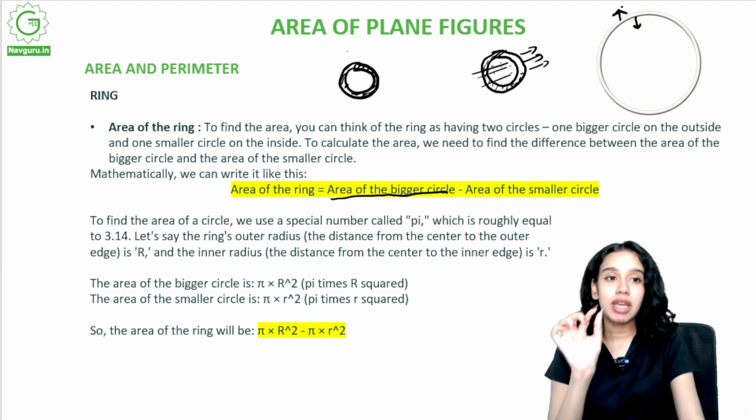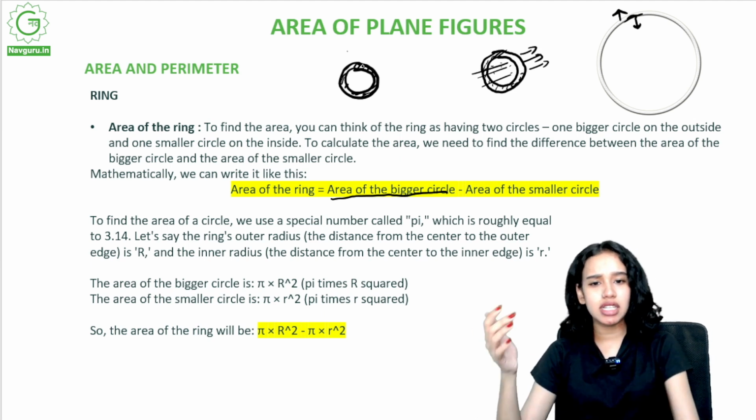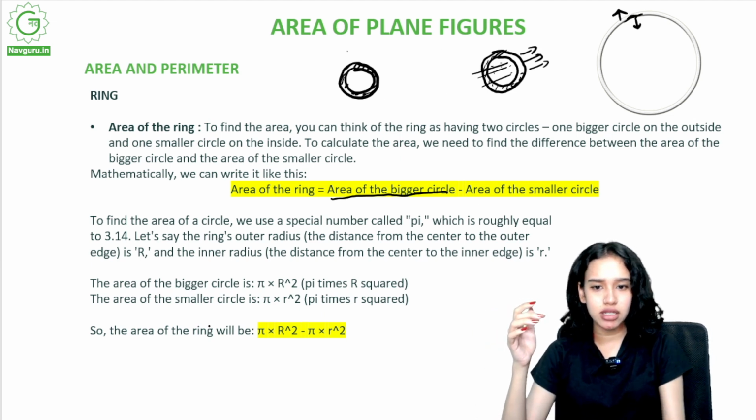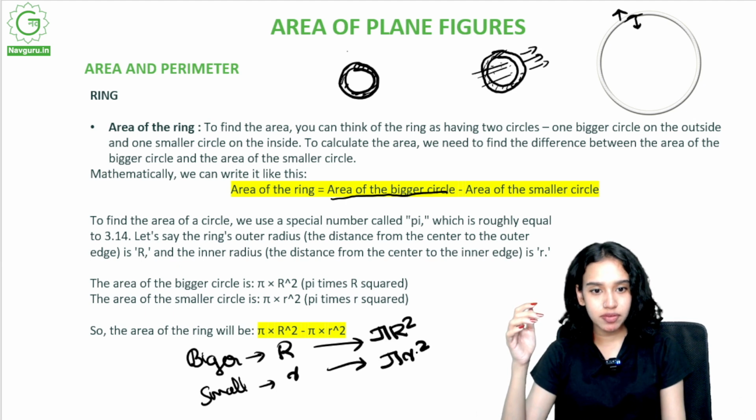So we'll get the remaining area, which is the area of a ring. If the bigger circle has R as its radius and the smaller circle has small r as its radius, the area of the bigger circle would be pi R square and the smaller circle would be pi r square, right?